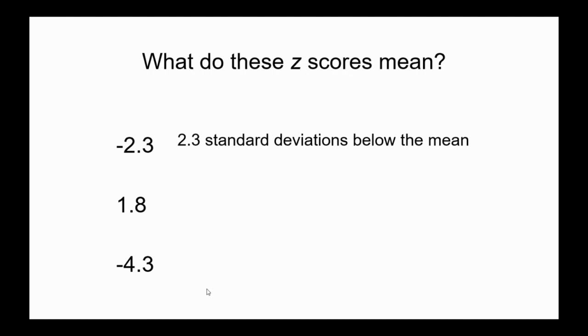What about 1.8? It'll be 1.8 standard deviations above the mean. And then negative 4.3.